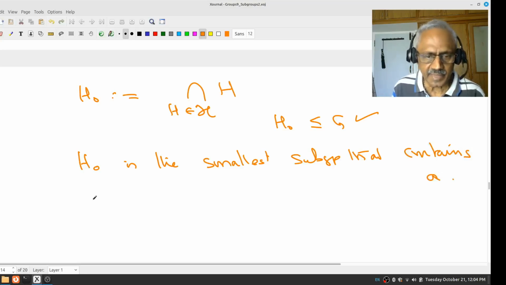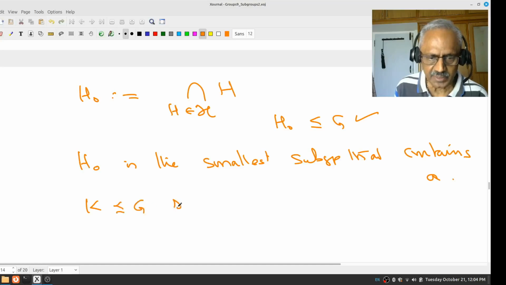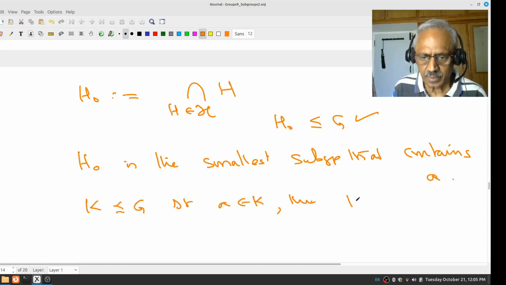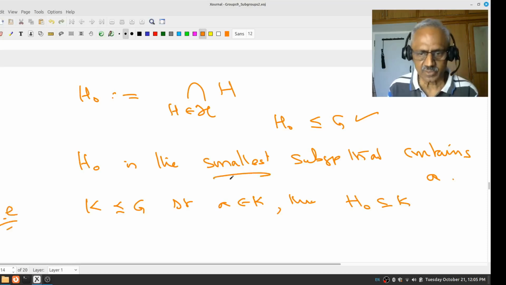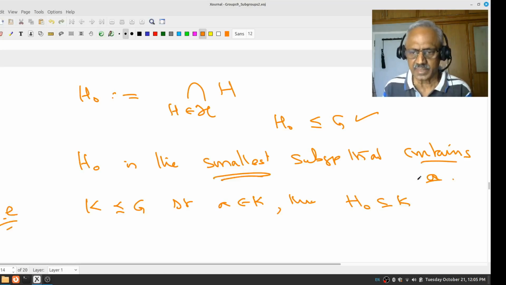That is, if K is any subgroup of G such that A belongs to K, then H naught is contained in K. When I say it's the smallest subgroup that contains A, that means among all subgroups that contain A, H naught is the smallest.